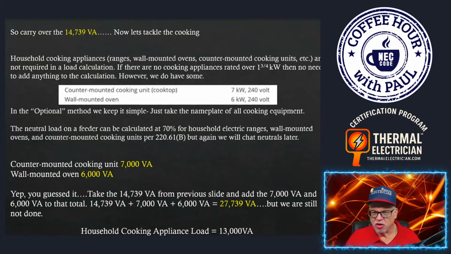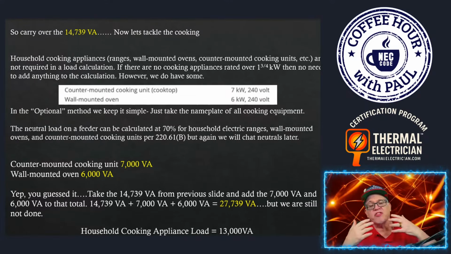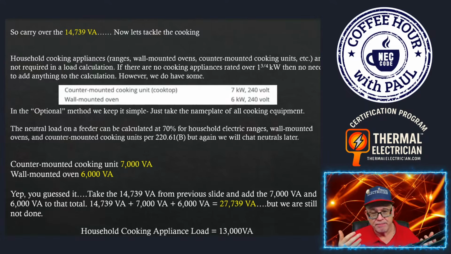Okay. So when you're doing the neutral, remember in the standard method, it's 70%. We have an allowance in 220.61(B) to size the neutral at 70% of whatever the ungrounded conductors were, sizing for the load. So for these counter-mounted cooking units, this wall-mounted oven, and even that clothes dryer, you're going to take the actual value from the standard method to do that.